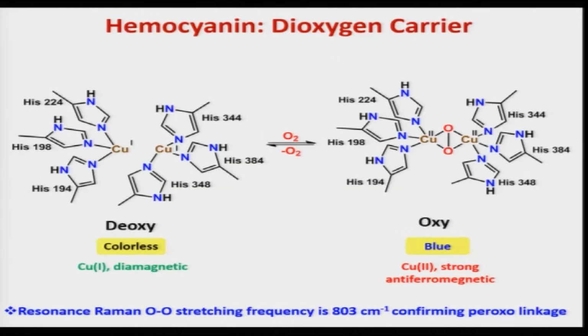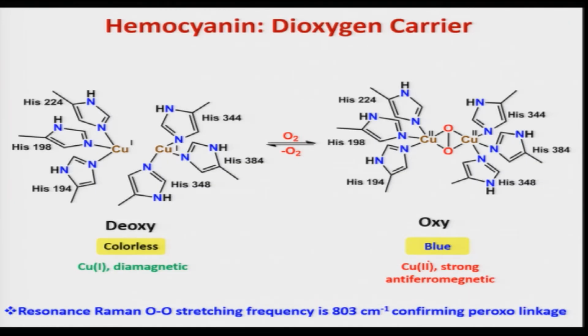Now, this is the schematic presentation between deoxy and oxy. As I have said, the color changes from colorless to blue from deoxy to oxy, and copper 1 is getting oxidized to copper 2, whereas dioxygen is getting reduced to O2 2 minus, that means peroxide.